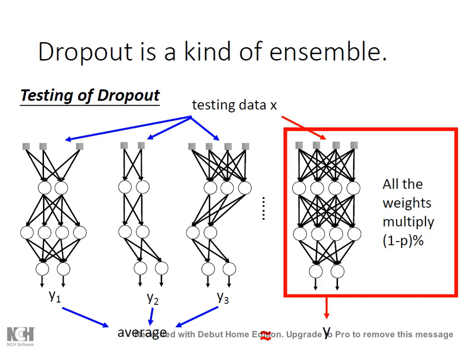Okay? So we can treat such a dropout framework as an ensemble learning of multiple different networks.